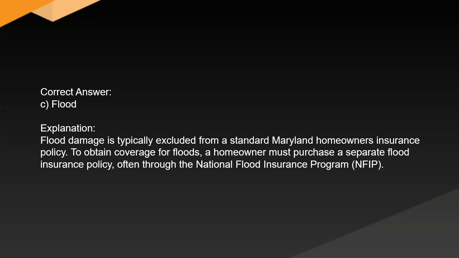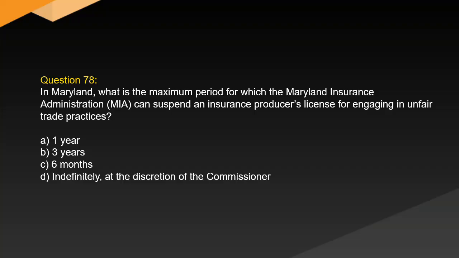Question 78. In Maryland, what is the maximum period for which the Maryland Insurance Administration, MIA, can suspend an insurance producer's license for engaging in unfair trade practices? A, 1 year. B, 3 years. C, 6 months. D, indefinitely at the discretion of the Commissioner.